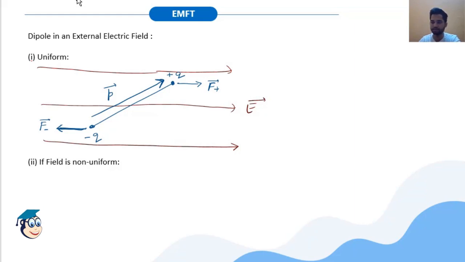So this is the complete diagrammatic presentation of a dipole in a uniform electric field. Now, what is the net force on the dipole? The net force is zero, because you have equal and opposite forces on plus q and minus q, as you can see from the diagram itself.